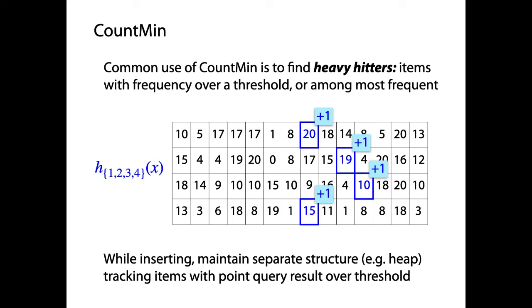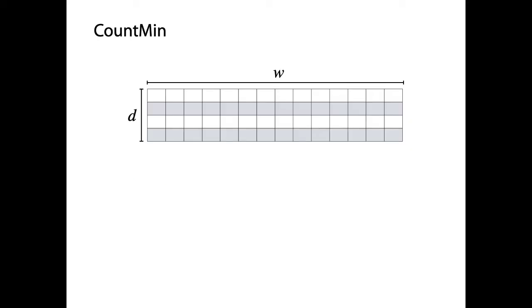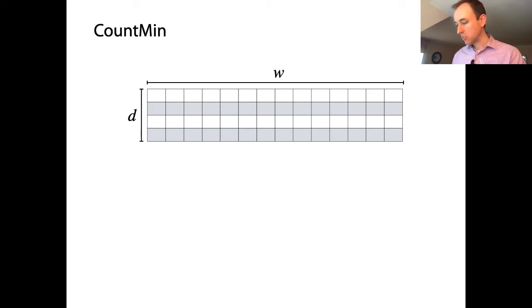So now let's think again about our point query strategy, and let's put together a little bit more notation for what we're doing when we're taking the minimum as our answer to the point query. First of all, this is our CountMin sketch again. Let's say the number of rows we'll denote with the variable d, and the number of columns we'll denote with the variable w.